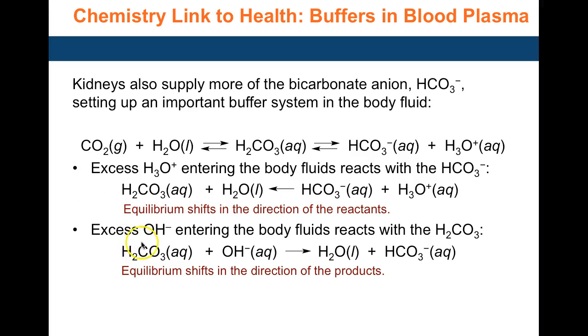If there's excess base in the form of hydroxide entering body fluids, then carbonic acid can grab that excess hydroxide and form the bicarbonate. And kidneys are also able to supply more of the bicarbonate ion.